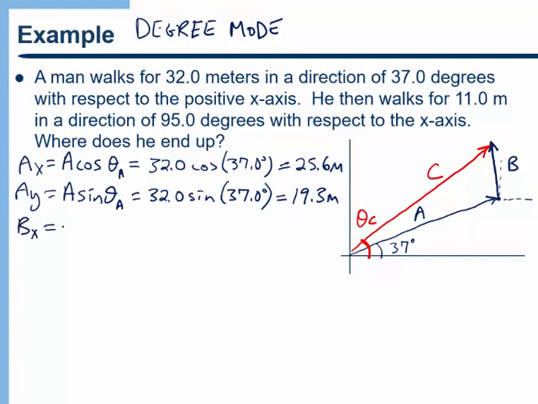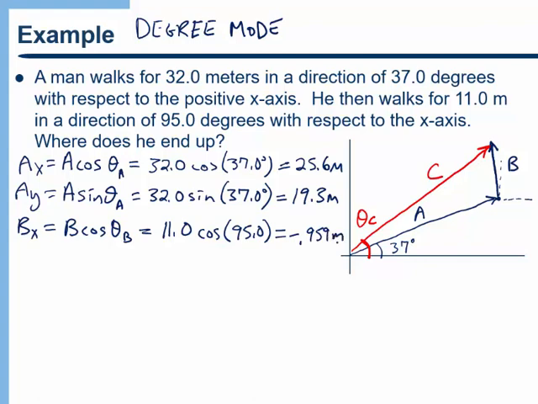BX is B cosine theta B, or 11 times the cosine of 95 degrees. Again, always using the angle with respect to the positive x-axis. I got negative 0.959 meters for that. That makes sense.